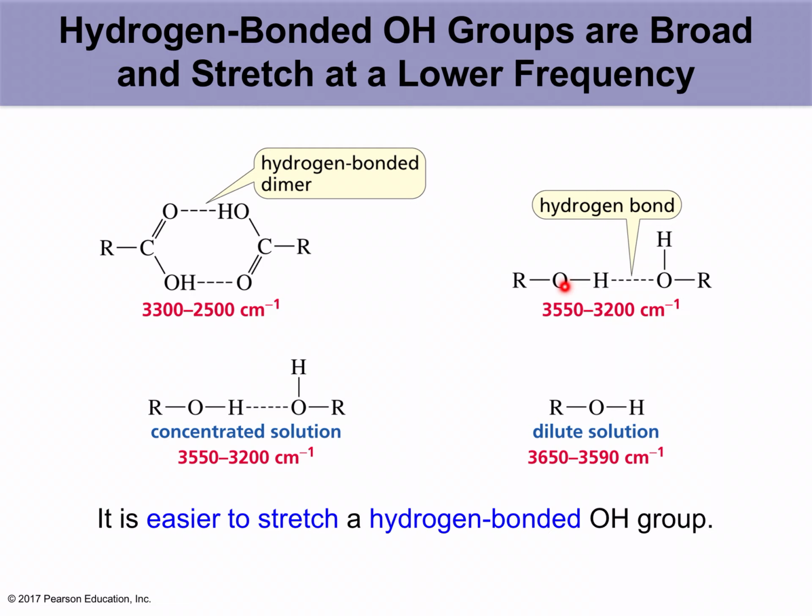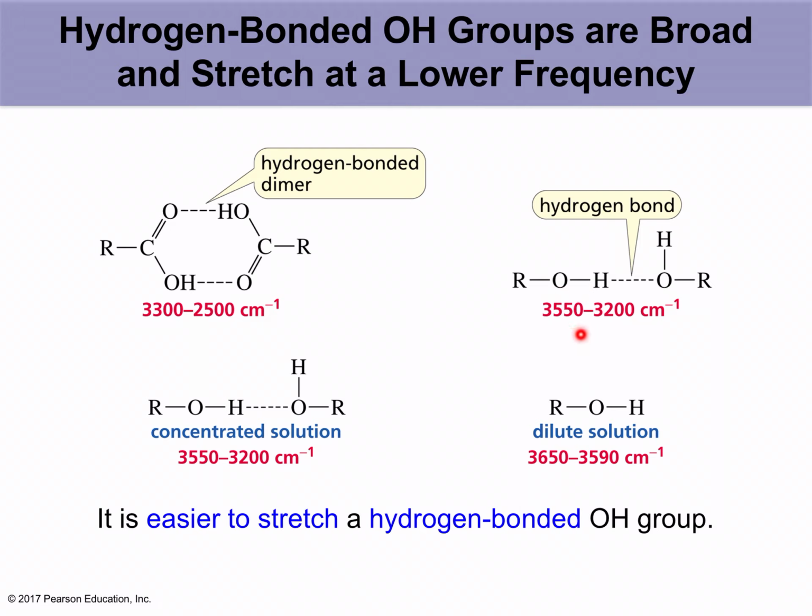Okay, but in the carboxylic acid, it happens in two places because it has a hydrogen bonded dimer, whereas alcohol has only one alcohol group. So the acid OH bond would become weaker compared to the alcohol OH bond.